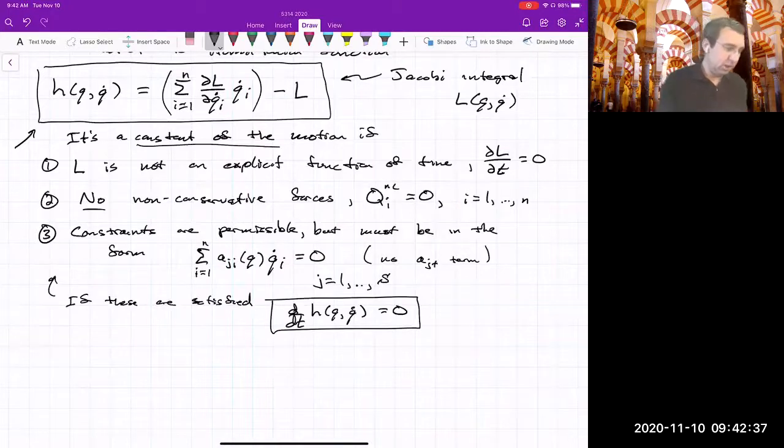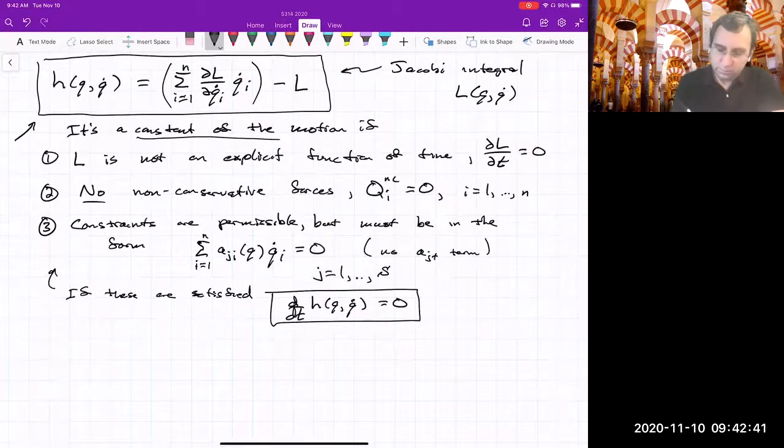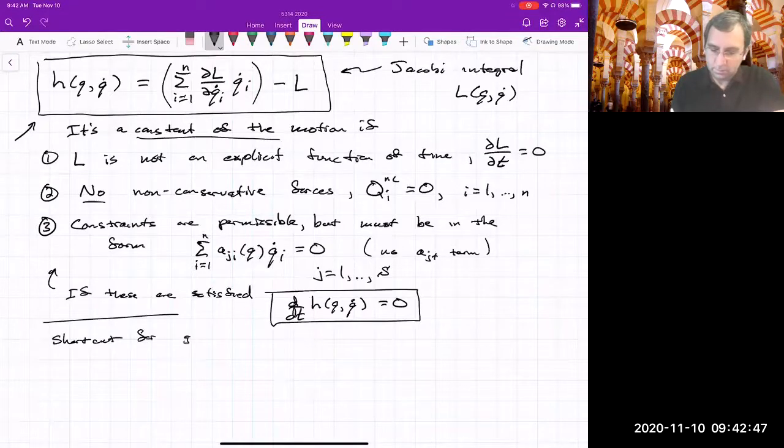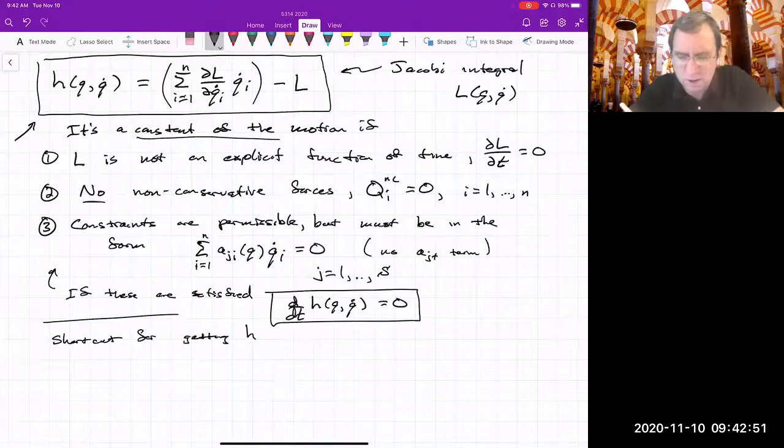There's a shortcut for getting H, which is useful. So I guess I'll mention that. Here's a shortcut. There's not much insight into what partial L partial q_i dot is. What in the world?